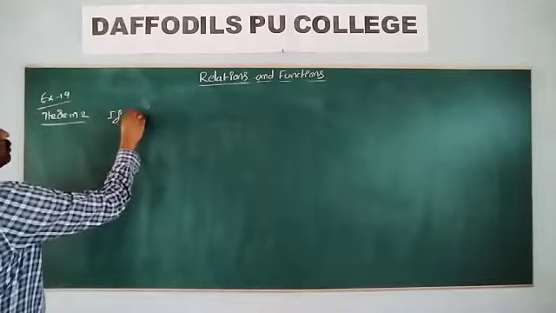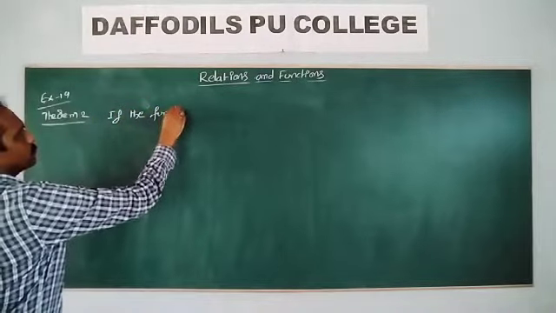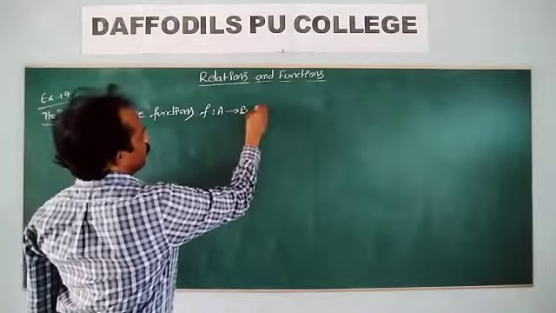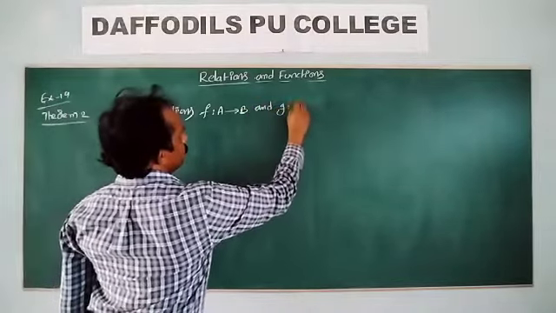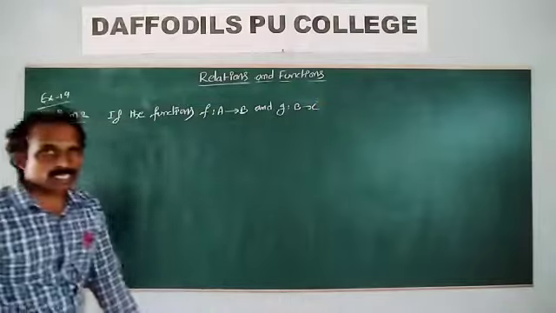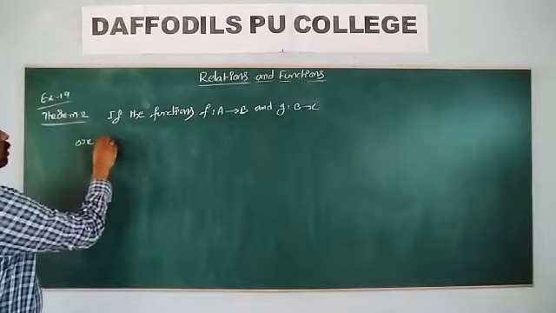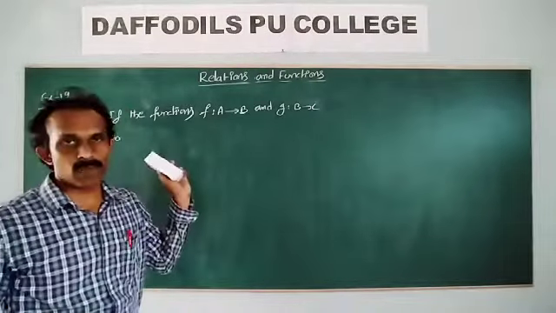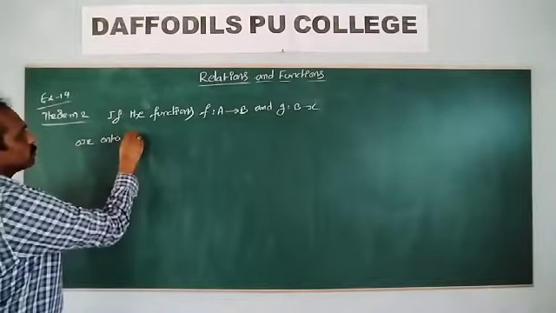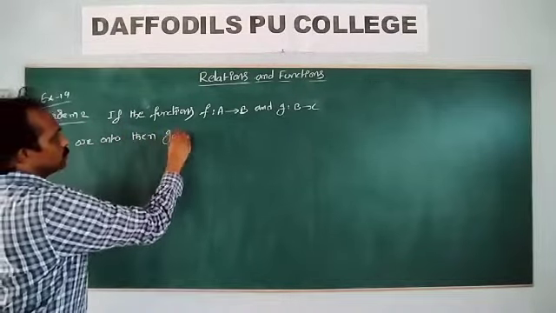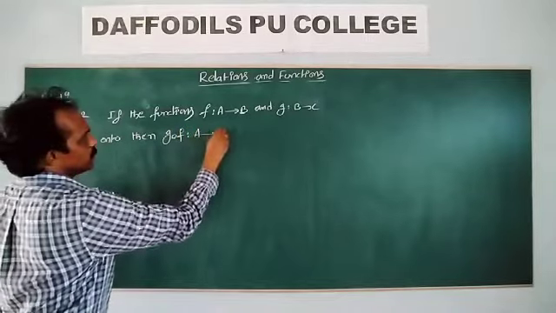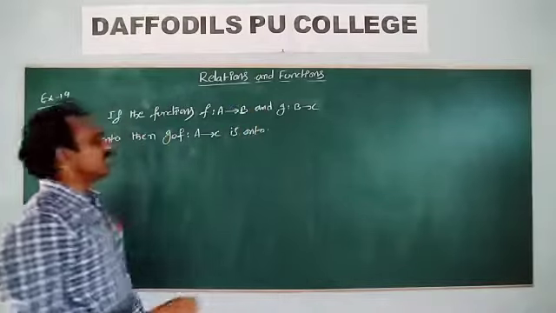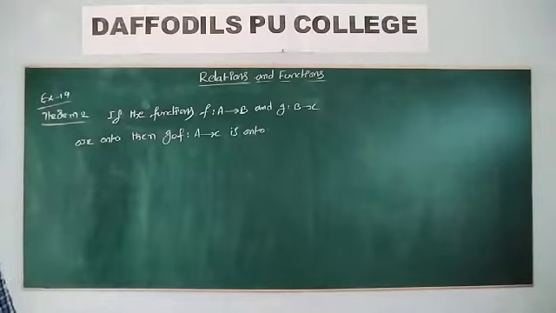If the functions f maps A to B and g maps B to C are onto, which is also called a surjective function, then g circle f maps A to C is also onto. We will show that.